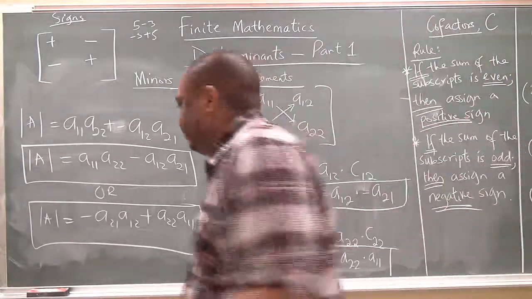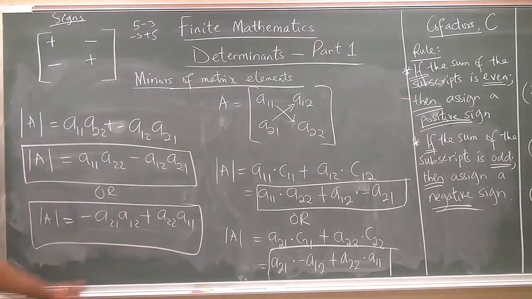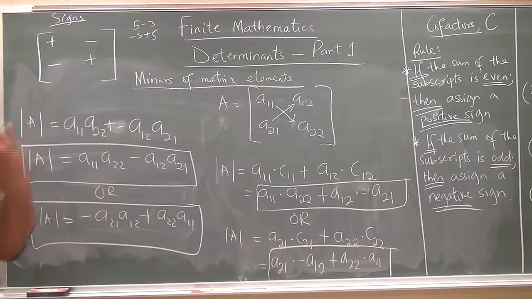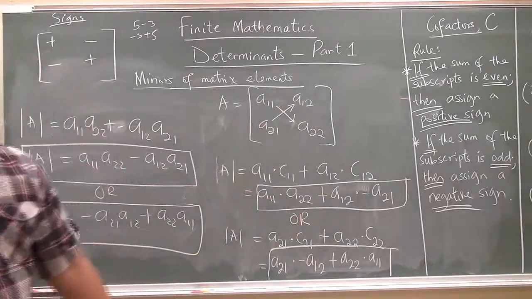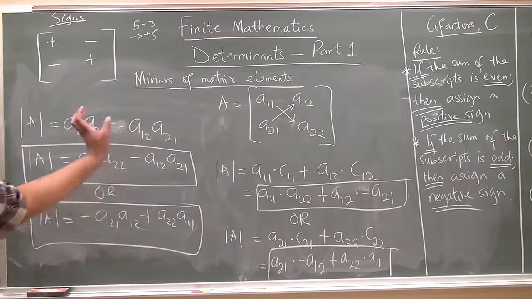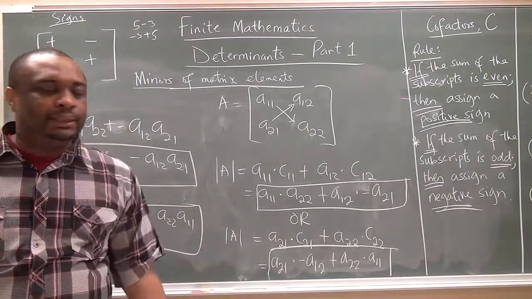It does not matter, it's the same thing. 2 times 4 is 4 times 2. If you read it in textbooks, they go straight to telling you this is the determinant of a 2 by 2 matrix; this is how it was found.